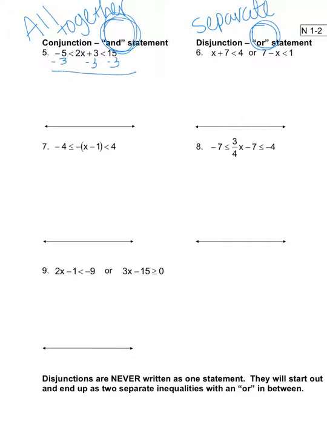That's how it's different. So you're still solving it the same way, you just have to do that on all sides. So you're going to end up with -8 is less than 2x is less than 12.